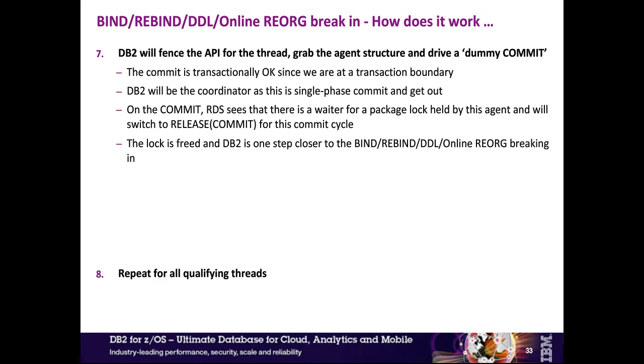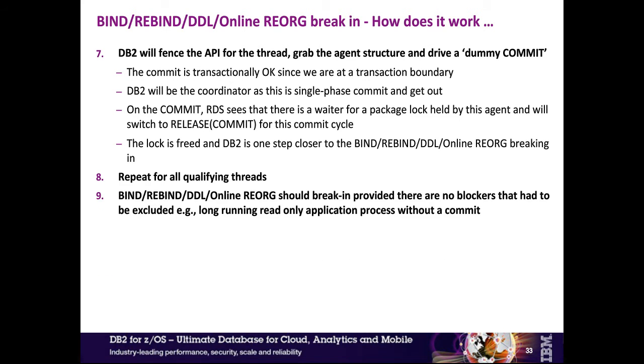At step 8, this will be repeated for all qualifying threads. At step 9, the bind, rebind, DDL, or online reorg should be able to break in, provided all the blockers are removed. It's possible that not all the blockers may be removed, because there may be some long-running read-only applications that never commit.